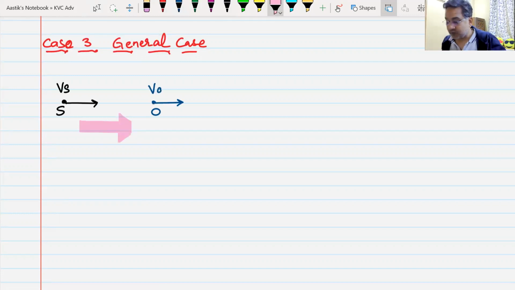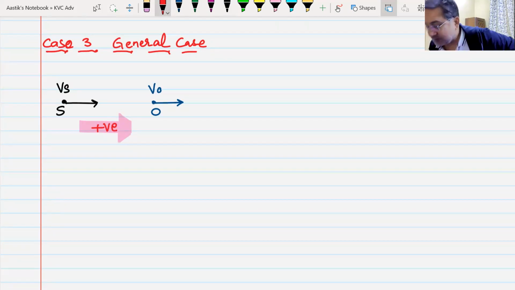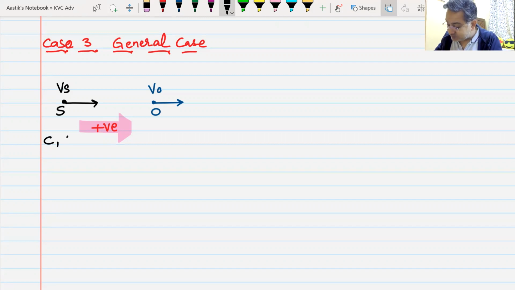Yes or no? Yes, sir. This direction of sound is taken as positive. The direction in which sound is moving is taken as positive because we are going to make a general formula which works everywhere. Do we understand this? Okay. He is emitting sound with speed, the speed of sound is c.